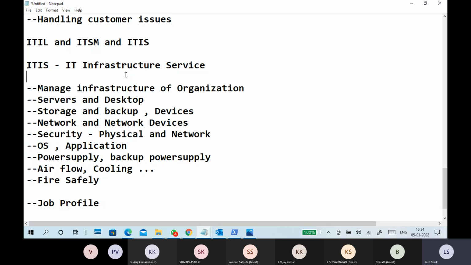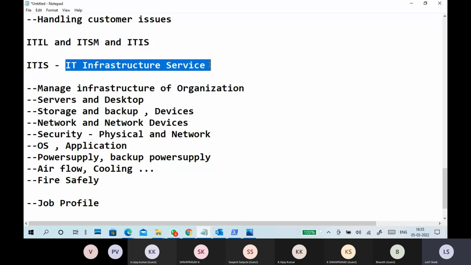Infrastructure management is also one part of ITIL management, because ITIL is concentrating on the business and also management of infrastructure. So ITIS is infrastructure services, whose main aim is managing your infrastructure, and provide infrastructure as a service type, like that.